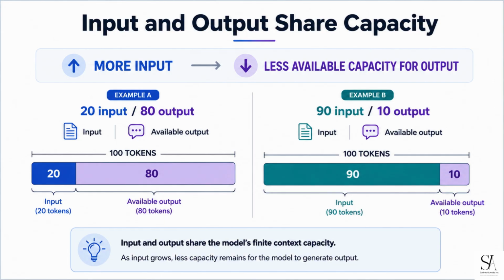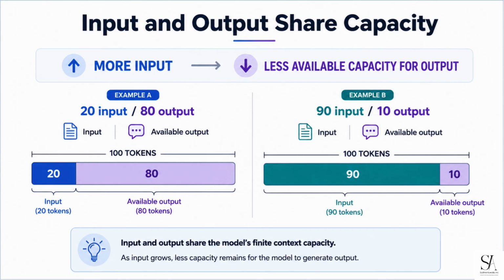At lower temperature settings, the model generally favors the more probable choices more strongly. Output therefore tends to be more conservative and predictable. At higher temperatures, less probable alternatives have a greater chance of being selected. The response may become more varied or creative, but greater variability can also increase the possibility of poor or inaccurate output.